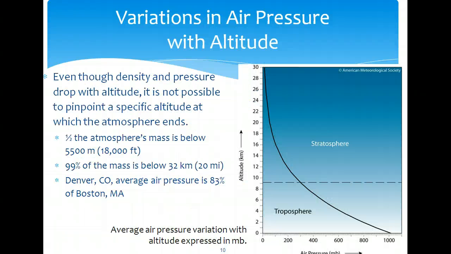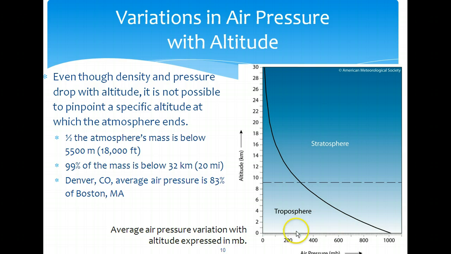So this particular graph shows us that with the thinning of air, we also see a decline in air pressure. And because air is compressible, the rate of air pressure drop with altitude, as we can see, is not uniform. It's greatest at the Earth's surface and becomes more gradual aloft, as shown here.